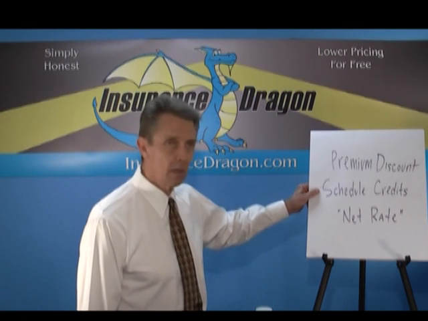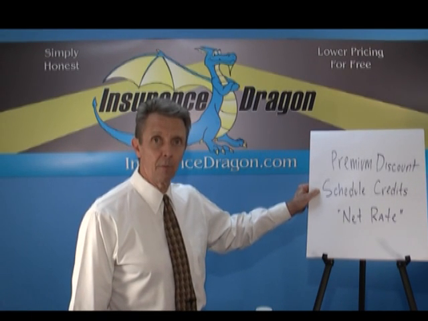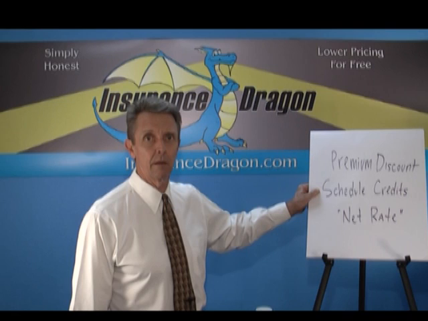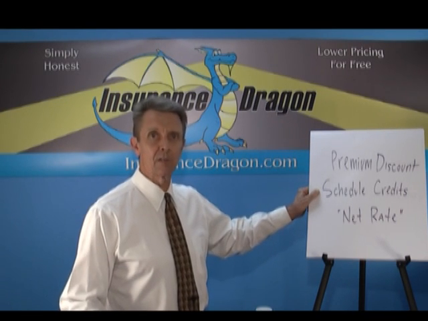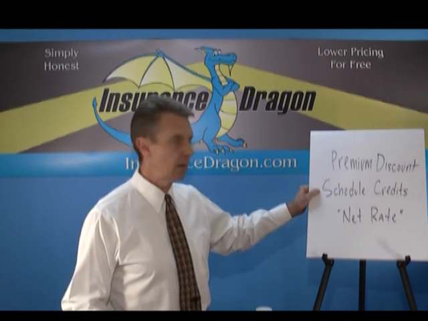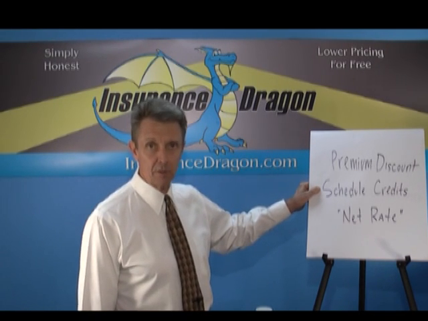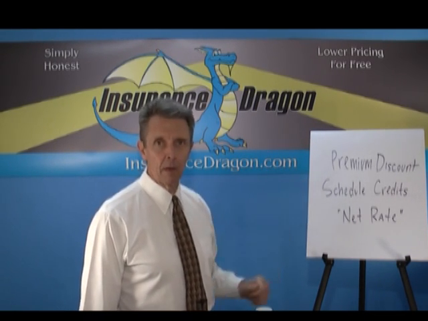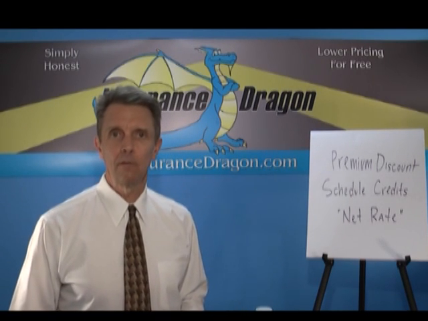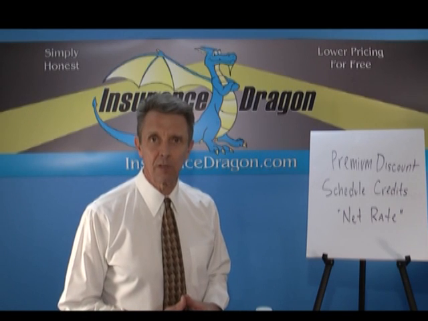And these can vary from plus or minus 50% for most insurance companies, not all. Some are limited to plus or minus 25%. But for most insurance companies, they have up to 50% schedule credits available. They don't always use 50%. But in the marketplace today in 2011, you often see credits that might range up to 30 or 40%.